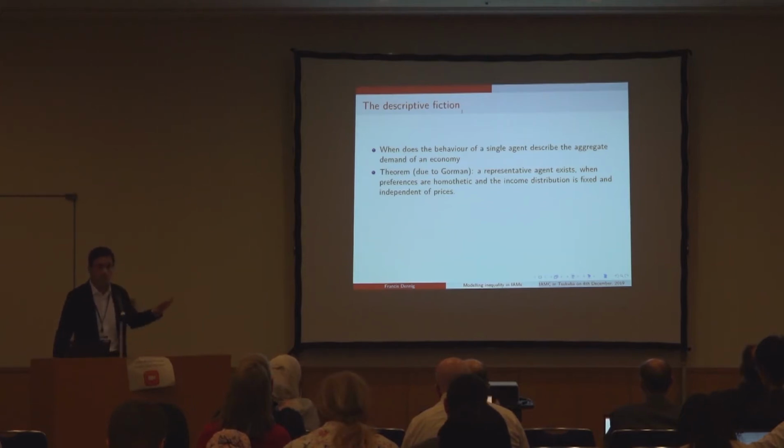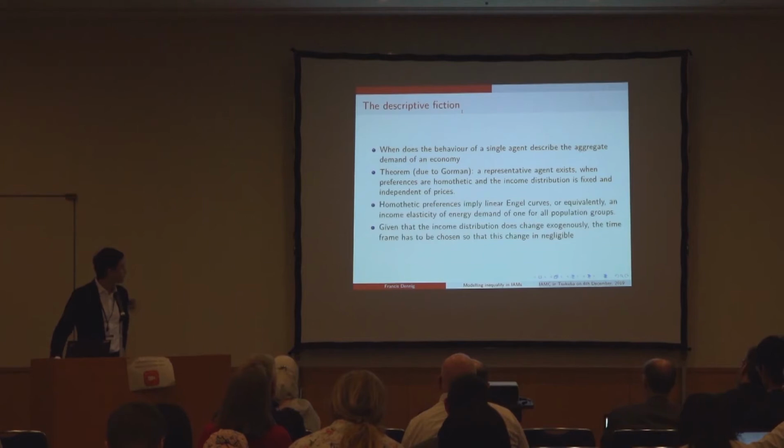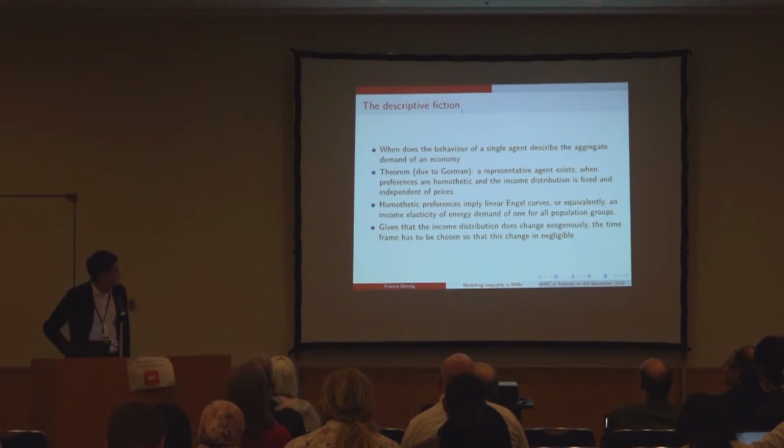And that's really the only result we have. There isn't more than this. Unless this holds, we cannot accurately describe aggregate demand with a preference of one individual. So what do homothetic preferences mean? Put most simply, they mean linear Engel curves. Engel curves are the consumption expansion paths of any given good as income increases.